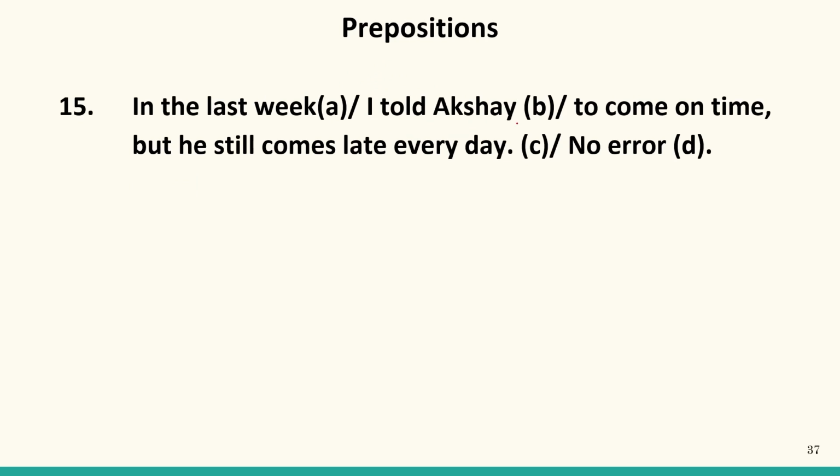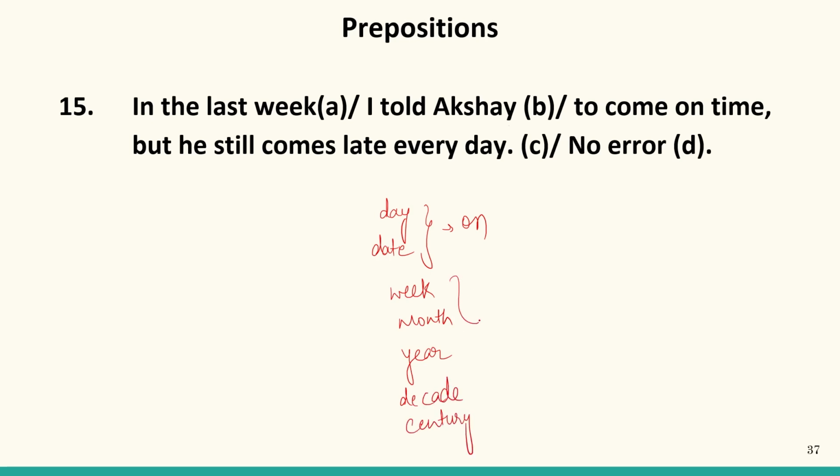In the last week, I told Akshay to come on time, but he still comes late every day. Now, whenever we have short time duration like day and date, we use on. But in case of long time durations, for example, week, month, year, decade, century, we use in for long time durations.